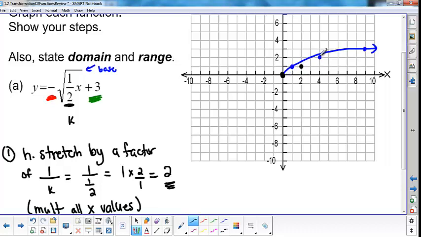This x value at this next point is 4. It gets stretched to an x value of 8. It gets doubled. And this x value of 9 would be all the way at 18. So this first step with our horizontal stretch would look something like that.